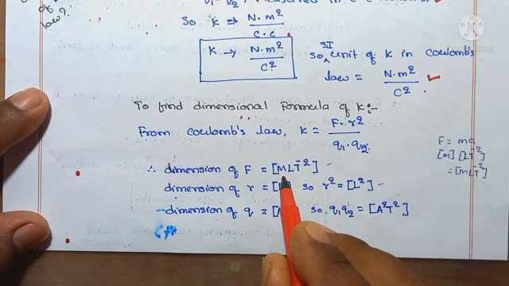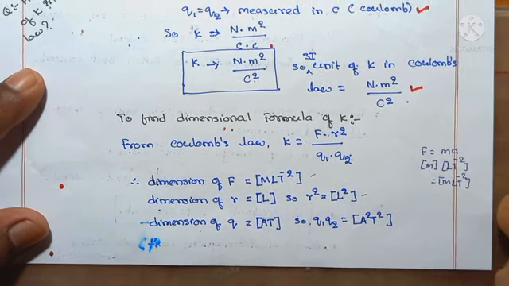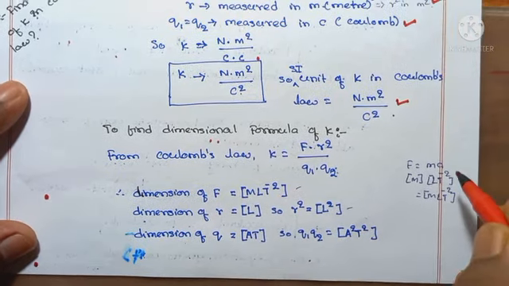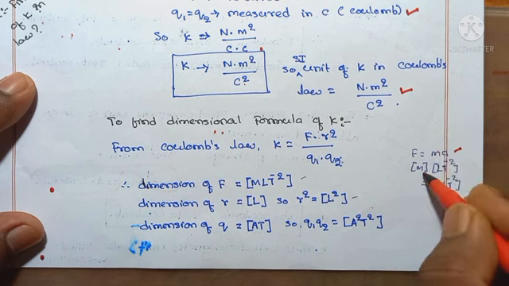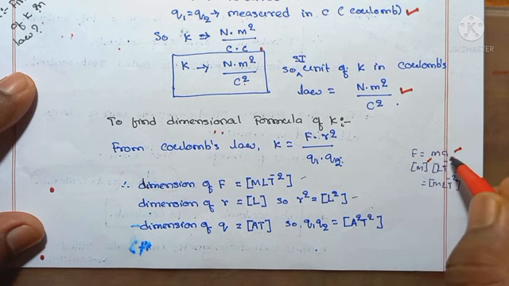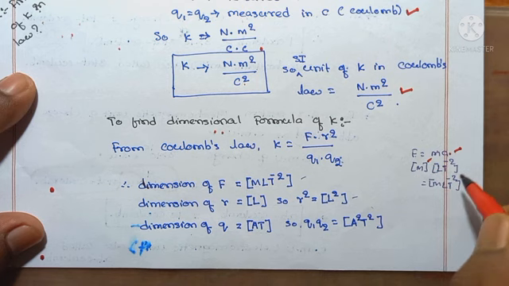If you are unable to find it directly, you can find it from the formula F is equal to ma. Dimension of m is capital M, dimension of acceleration is L T inverse 2, so the dimension of force is M L T inverse 2.